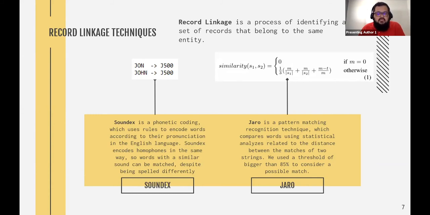M is the number of character matches between S1 and S2. And T is the number of transpositions, that is, the characters that were exchanged, for example, a typo such as SA and AS. The statistical distance threshold for similarity of strings was 85%.